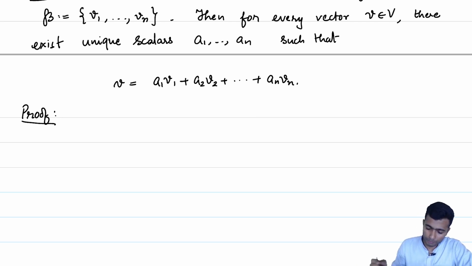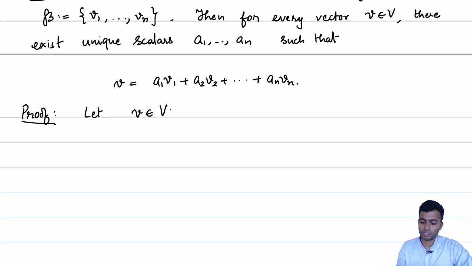Alright, so let v be in capital V. Since B is a basis, it is a spanning set, so there certainly exists a linear combination of v1, v2 up to vn which is equal to v.